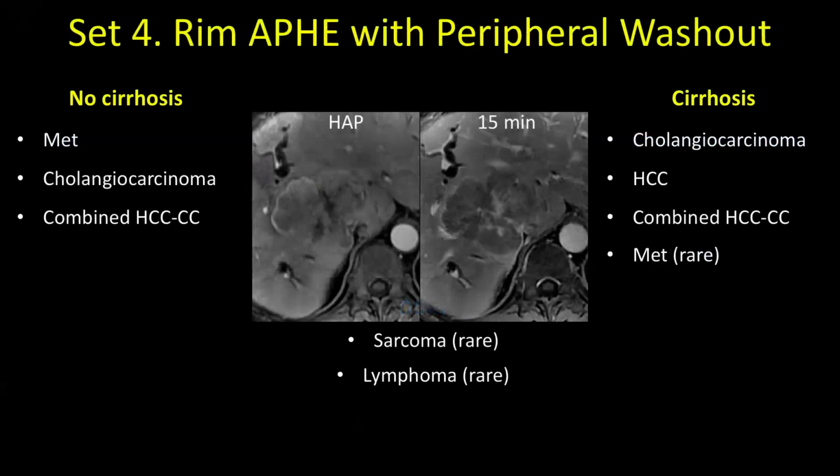And the ranking makes sense, right? Because in someone without cirrhosis, we think of the most common lesion, which is metastatic disease. In someone with cirrhosis, we're not sure, because with cirrhosis, it could be an atypical manifestation of a common cancer or a typical manifestation of an uncommon cancer, and they're equally likely.